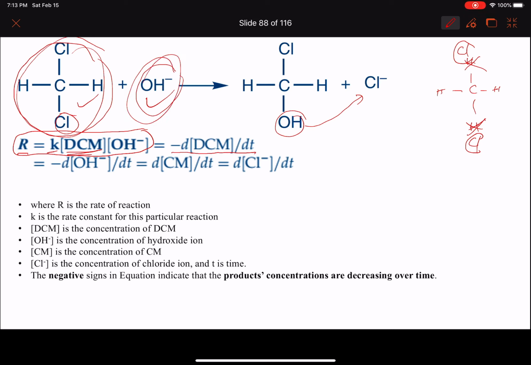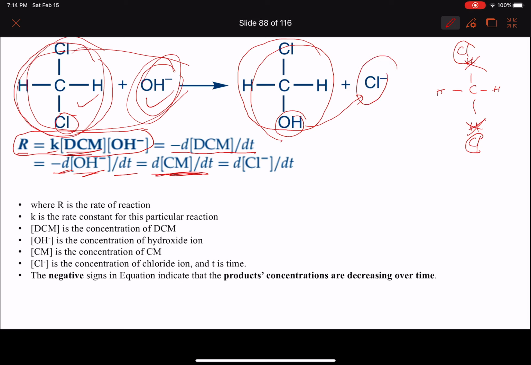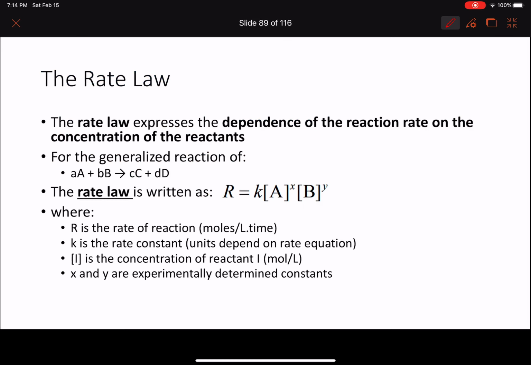Same thing, it is equal to minus d of OH- over dt. The minus means they are being consumed, they are disappearing, or they are decreasing over time. And then plus d of Cl- over dt. Remember, here there are pluses because they are forming, and here there are minuses because they are being consumed.